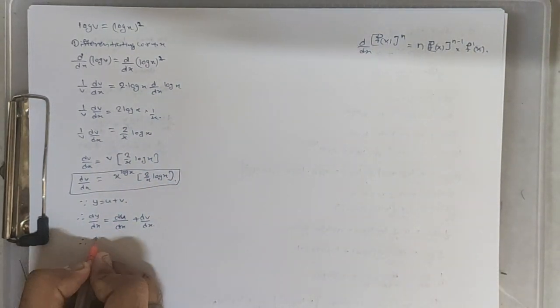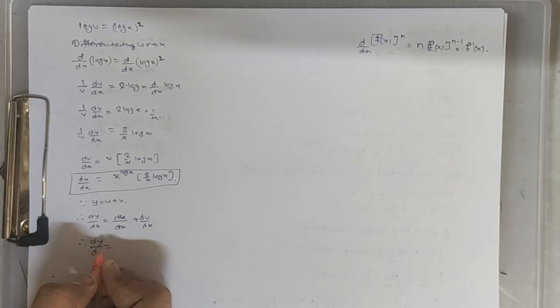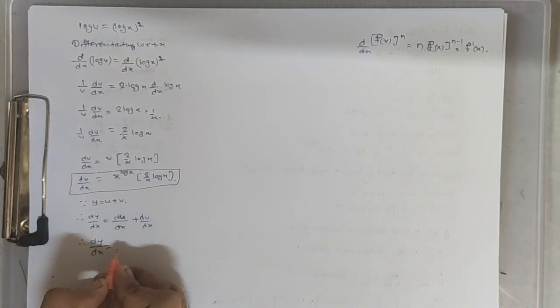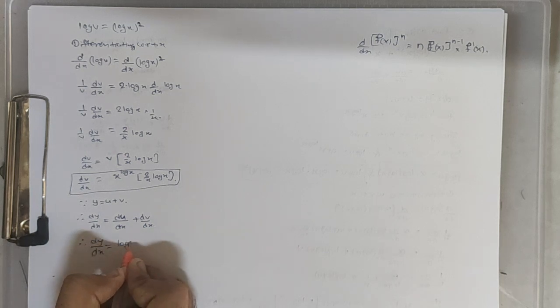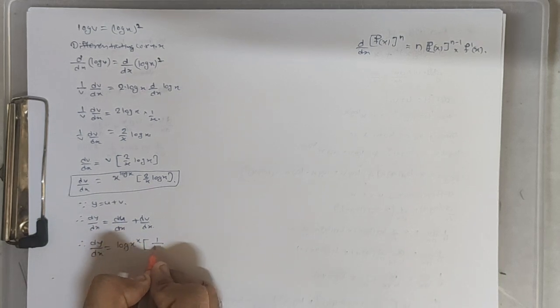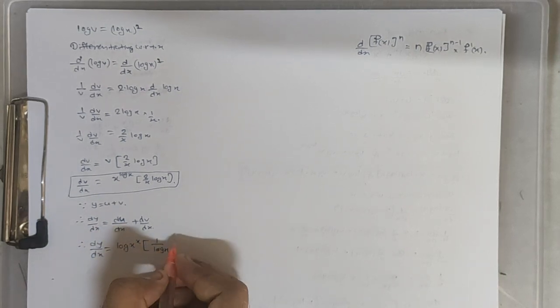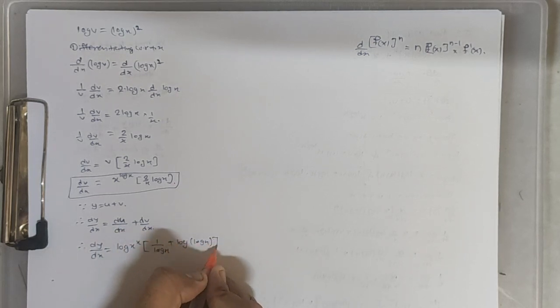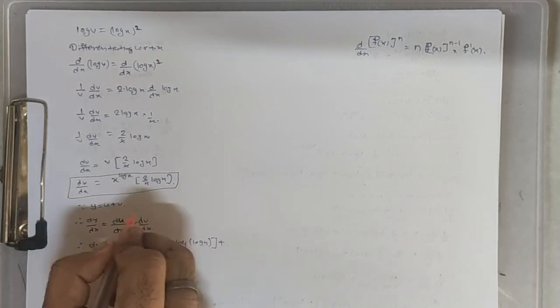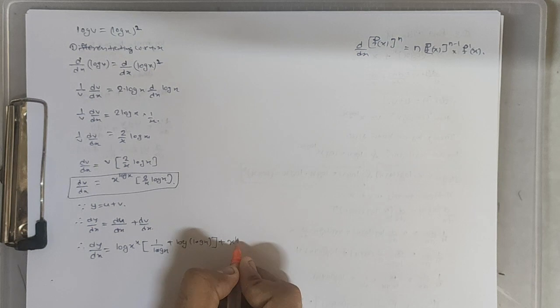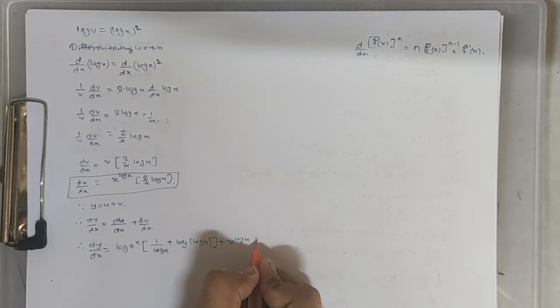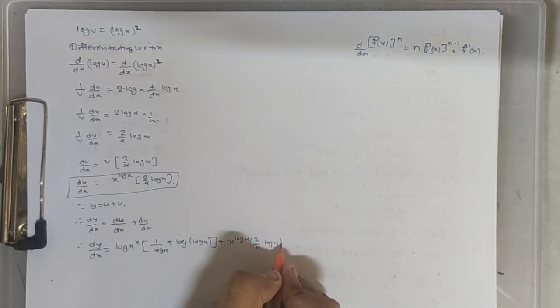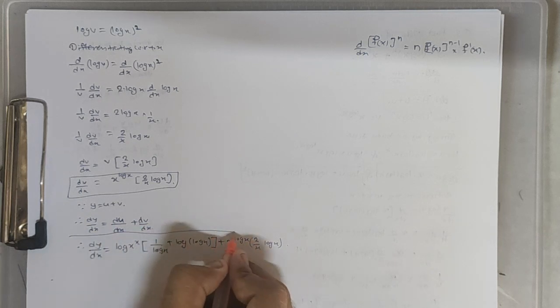Therefore, dy by dx is equal to, what is du by dx? du by dx is x to the power x (1 upon log x plus log x) plus dv upon dx. Now dv upon dx is x raised to log x (2 by x log x). This is our final answer.